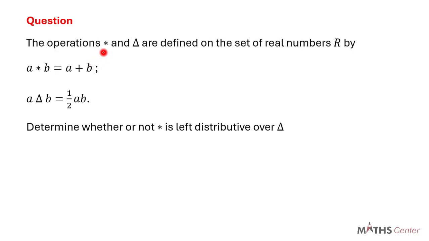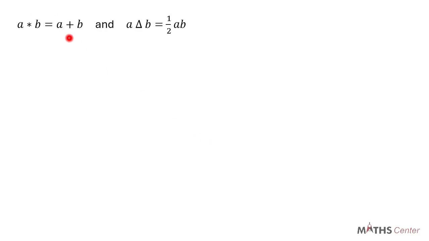The binary operations star and delta are defined on the set of real numbers R by A star B is equal to A plus B and A delta B is equal to half times AB. Determine whether or not star is left distributive over delta. So here we are going to determine whether star is left distributive over delta. The two binary operations are star and delta, and their definitions have been given to us here.